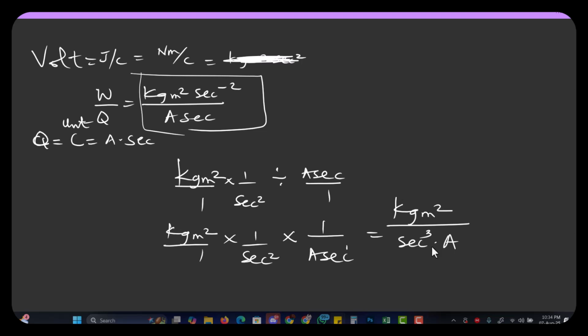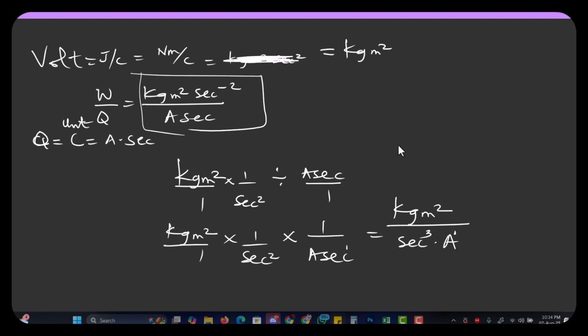So the final basic unit you're going to have for this volt is kilogram meter squared. Because these two are below, if you take them up, their power will change to minus. This one is plus 3, coming up top it becomes minus 3. This A is plus 1, invisible 1. If it comes up, it becomes minus 1. Please take note of that.